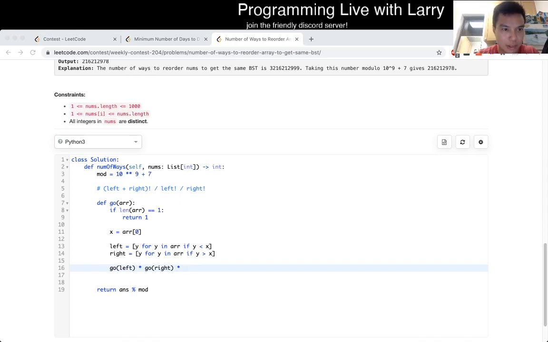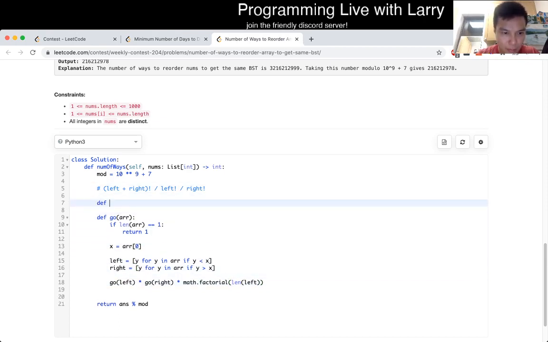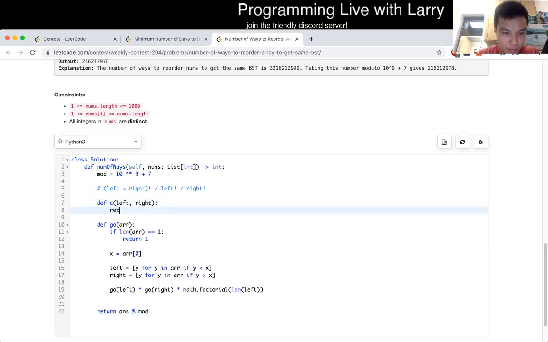Is it math.factorial? Probably should cache this, but I just want to get this right.